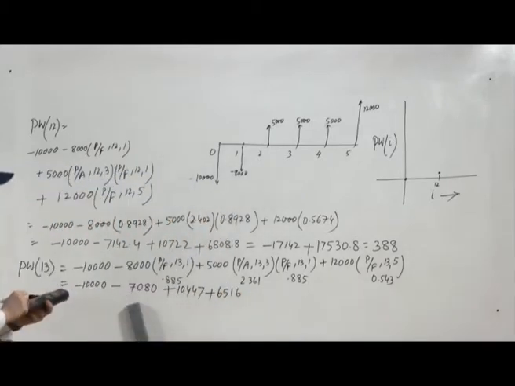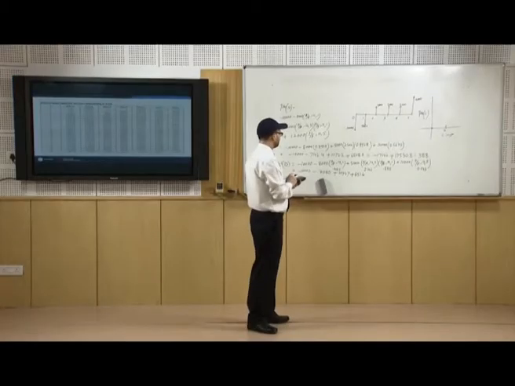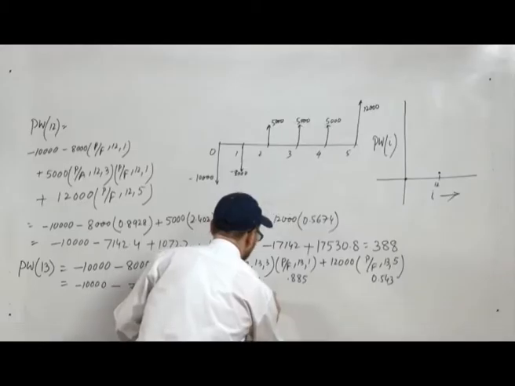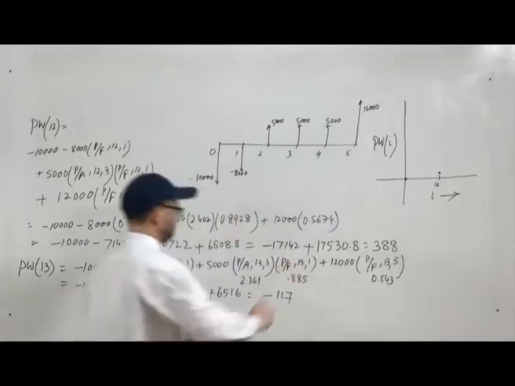So, 6516 plus 10,447 minus 10,000 minus 7080, that comes out to be minus 117.